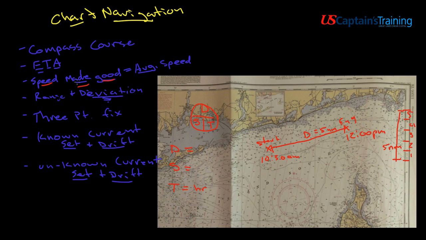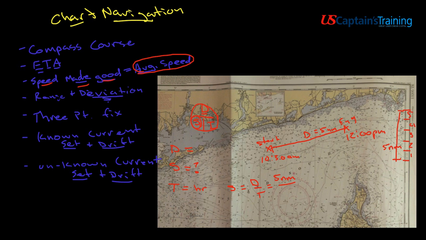This is, again, speed made good. What's the average speed is the question. So to get a speed, we need distance. We're looking for speed, which is a distance over a time. So speed is distance over time, and our distance, 5 nautical miles, divided by our time.